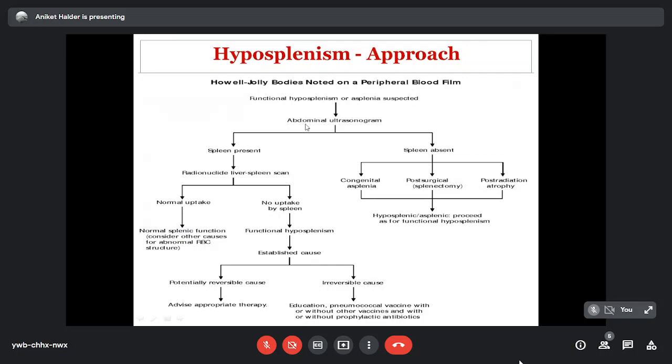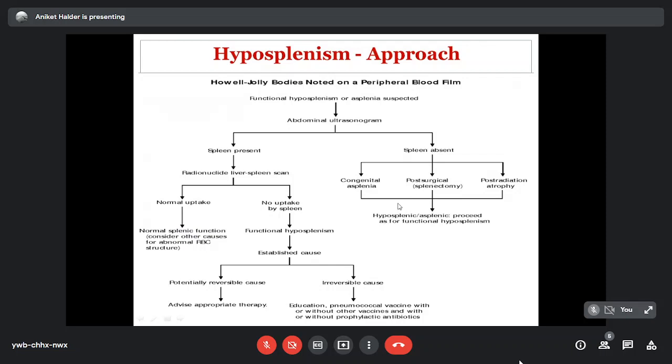We can do a primary screening ultrasonogram to see whether the spleen is present or absent. The spleen may be absent in case of congenital asplenia. If splenectomy has been done, the spleen will be absent post surgery. Although from the clinical history itself we can make out whether splenectomy has been done, and if there is any splenic atrophy, that can also be picked up in a screening ultrasonogram.